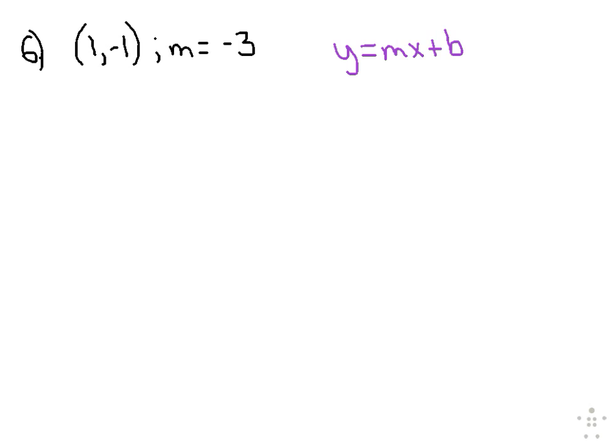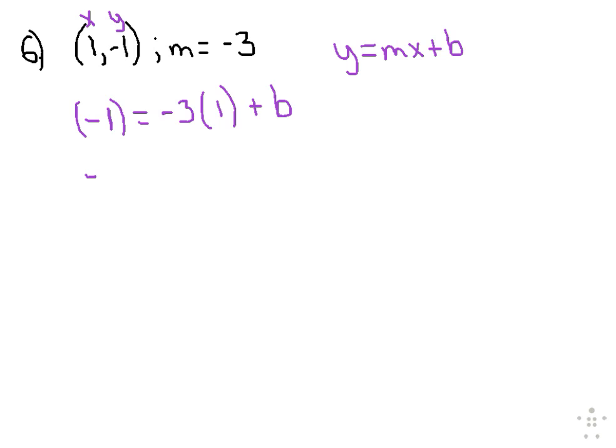So if I want to figure out what this is going to be in slope-intercept form, let's just go ahead and plug in everything that I know right here. So again, I like to label, this is my x, this is my y. So y, negative 1, is equal to m, which we know is negative 3, times x, which is 1, plus the b. The part that I don't know is the y-intercept.